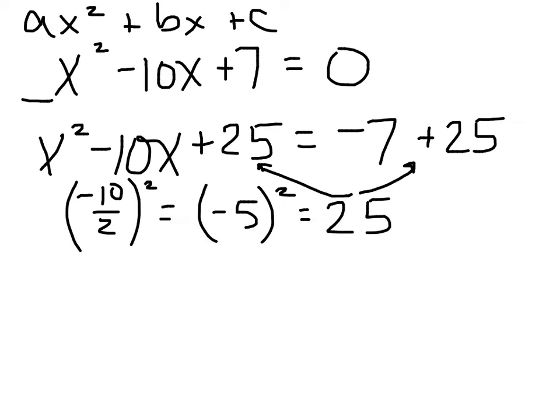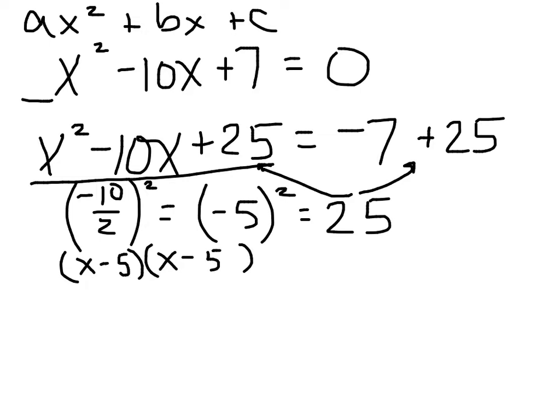Now, I want you to factor this side. What times what gives me x squared? What times what gives me 25 but adds to be negative 10? Now, do you notice that when I wrote it as two groups, it was the same group twice?